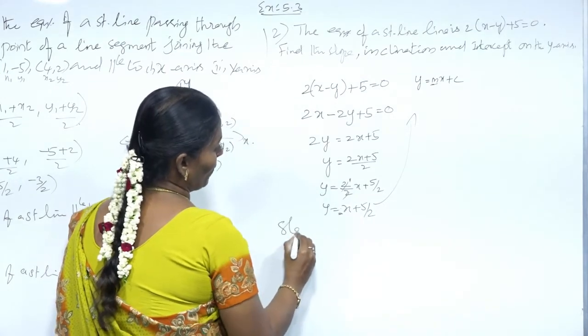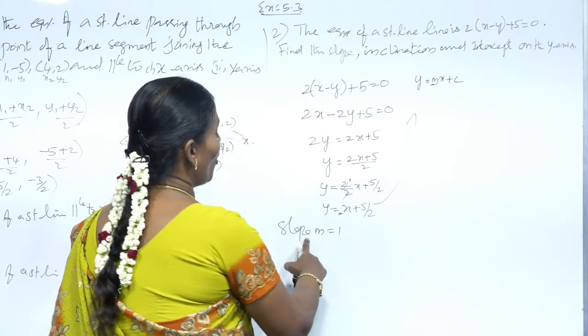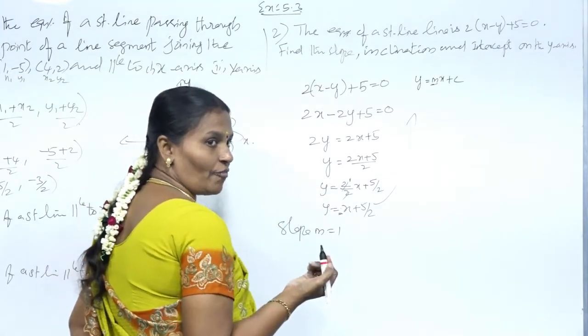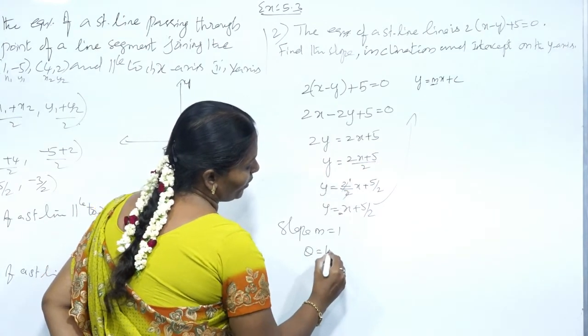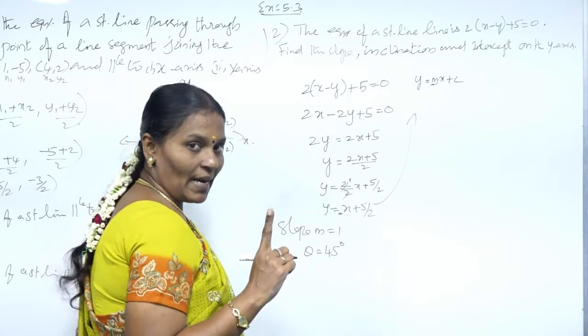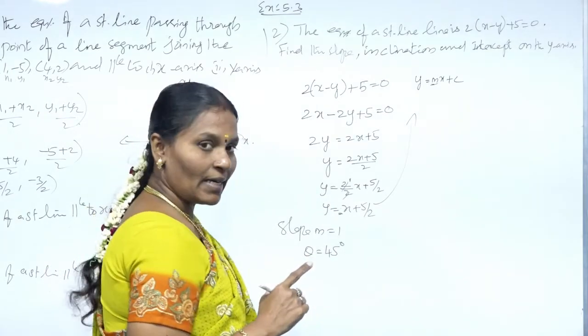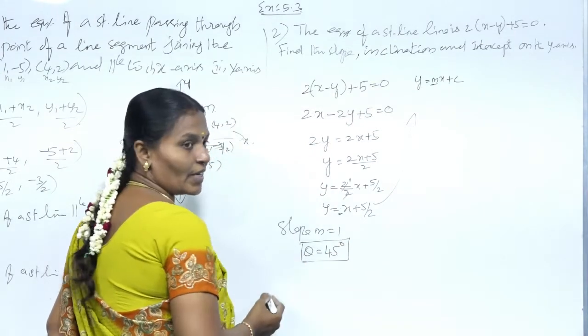So slope m is equal to 1. So slope m is 1 means what is the value of theta, the inclination angle? Theta value is 45 degrees, because tan theta equal to 1 means the angle theta is 45 degrees. So inclination is 45 degrees.